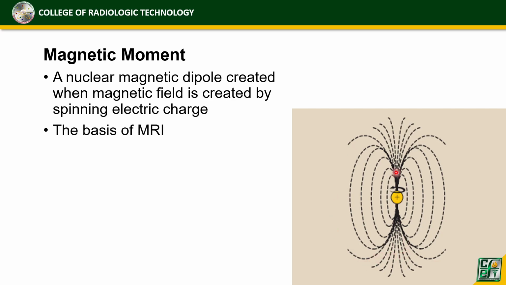So magnetic moment is the basis for MRI. So yung principle na yon, yun yung nagiging fundamental ng MRI. Yung spin ng isang charged particle. Diba? Kaya nga yung proton nag-spin siya into 90 degrees, 180 degrees, and vice versa.